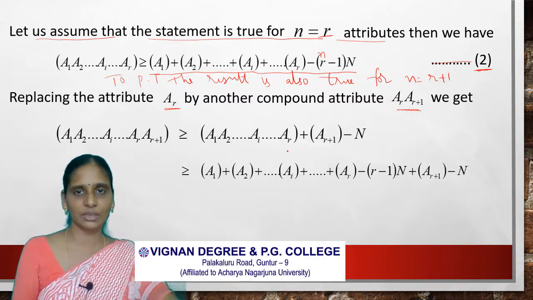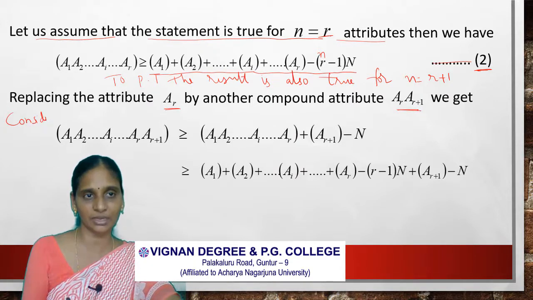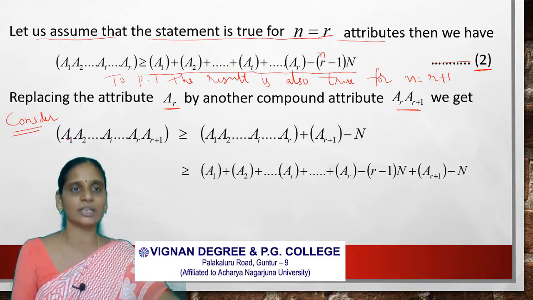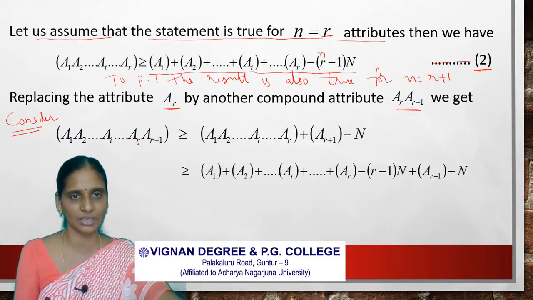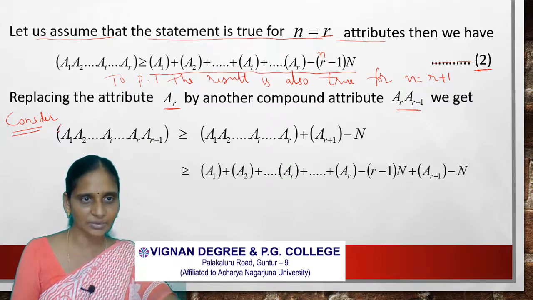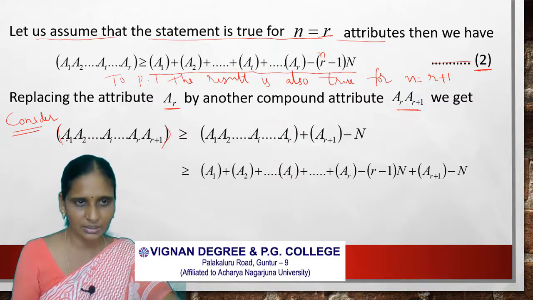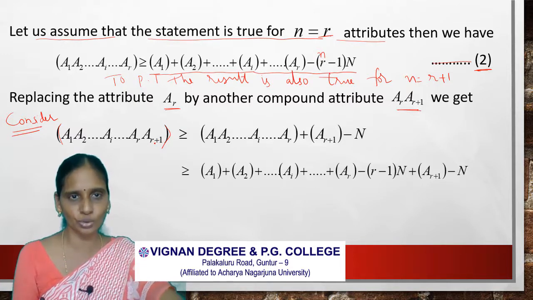Here we are considering r plus 1 attributes, that is frequency of a1, a2 and so on ai and so on ar and ar plus 1. In this class frequency there are r plus 1 attributes. These r plus 1 attributes are divided into two groups.